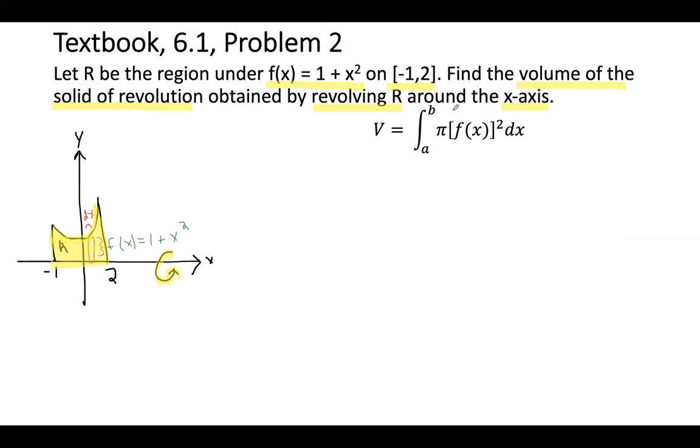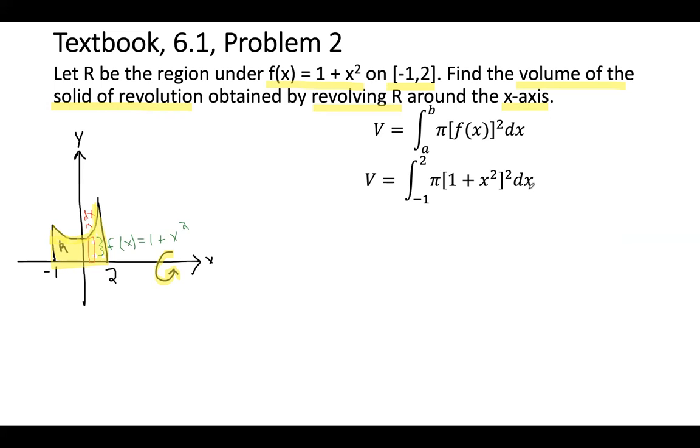The problem gave us f of x, and it gave us our bounds. So let's plug that in. For f of x, we're going to plug in 1 plus x squared. Our lower bound of integration will be -1, and our upper bound will be 2. So here we have V equals the integral from -1 to 2 of pi times (1 plus x squared) squared dx.